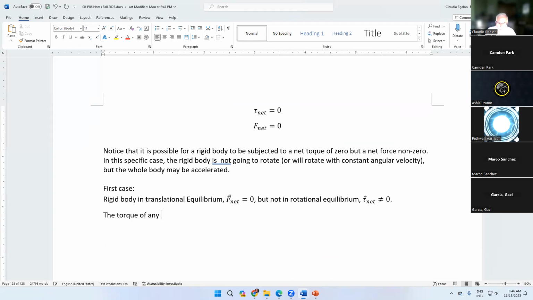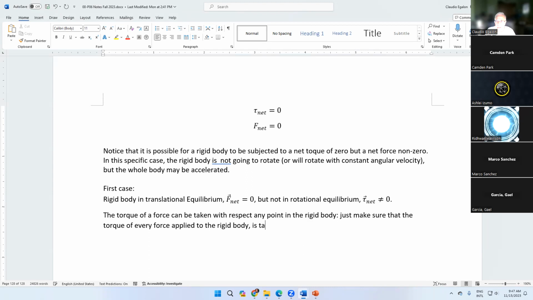Just make sure that the torque of every force applied to the rigid body is calculated with respect to this same point.